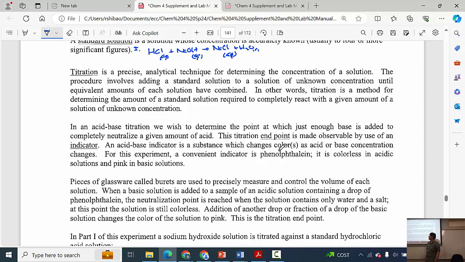Okay, so I'm telling you this because it's easy to overshoot. Do we want to add a large amount of excess base to this? No. We want to hit this stoichiometrically.